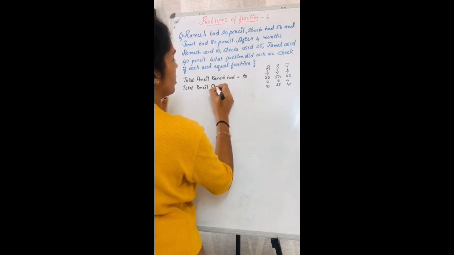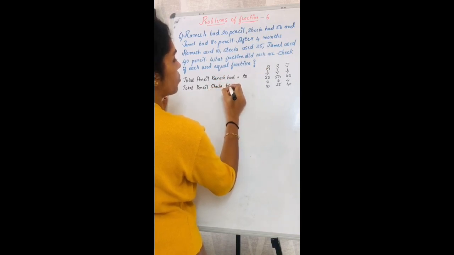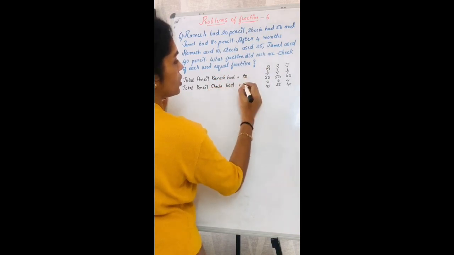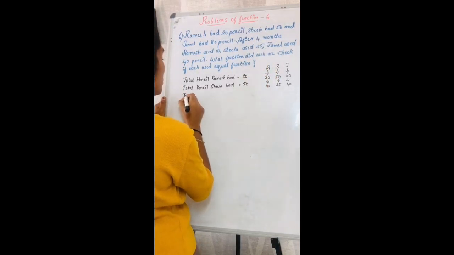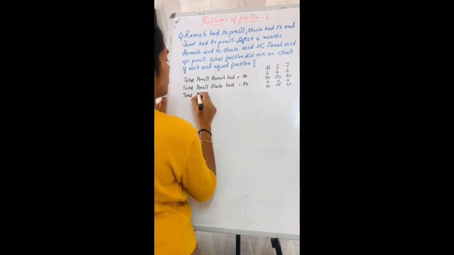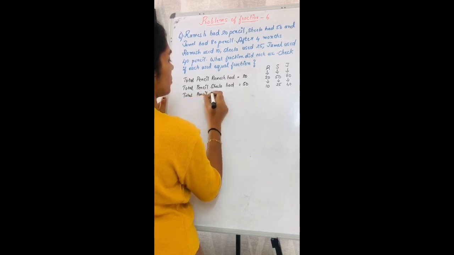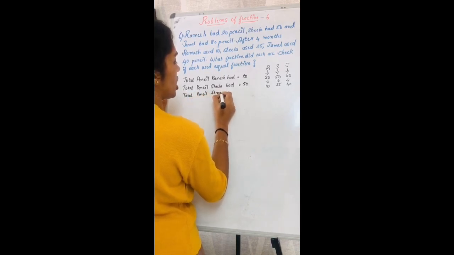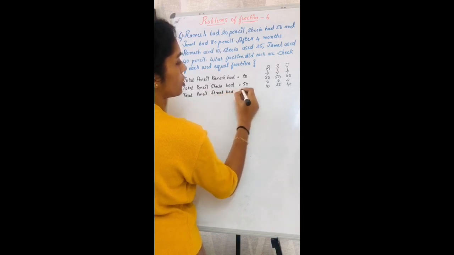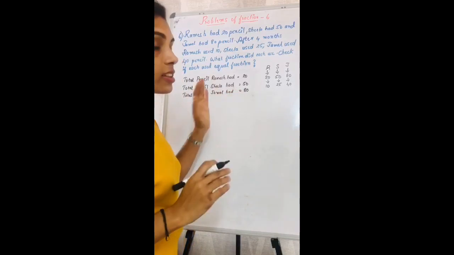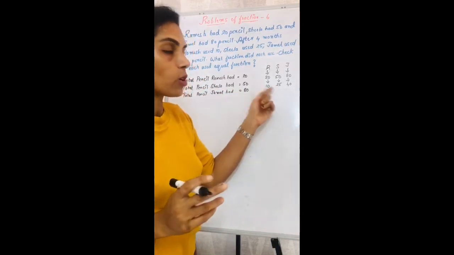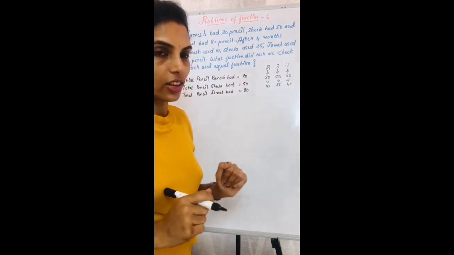Sheila. Sheila had. What was that? 50. And the third one is Jamal, right? Total pencils Jamal had. What was that? 80. So now you quoted these sentences so fast, right? Because you had a picture representation, right?